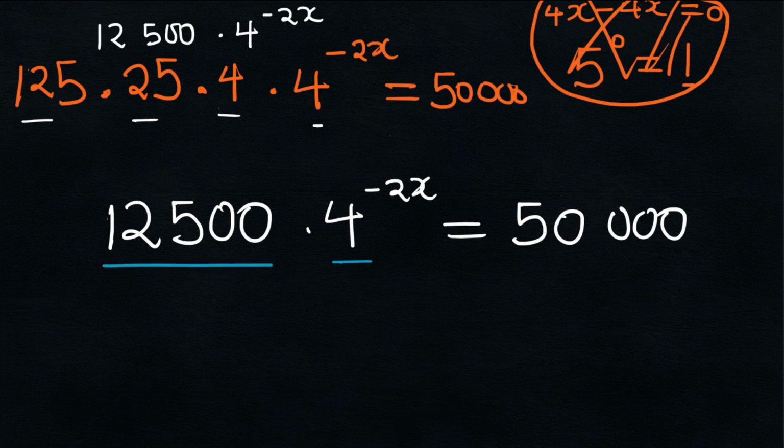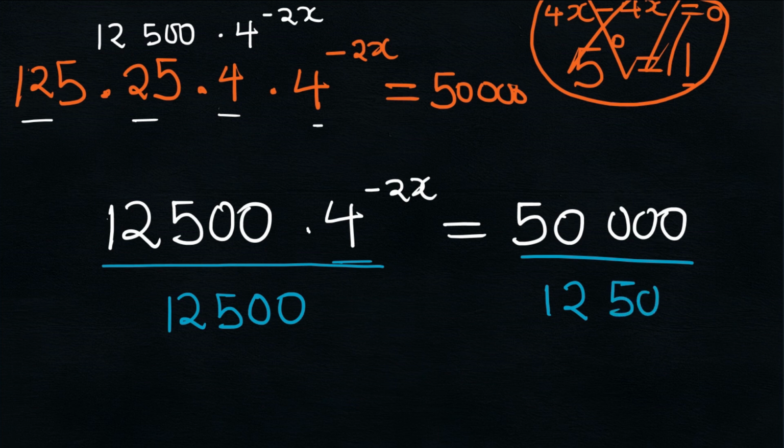For us to do that, we have to divide this expression by 12,500 and also divide this by 12,500. So this is going to cancel this, and then we're going to be left with 4 to the power of minus 2x is equal to 150,000 divided by 12,500, which is just going to be 12.